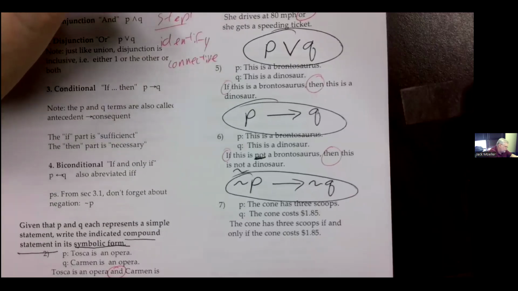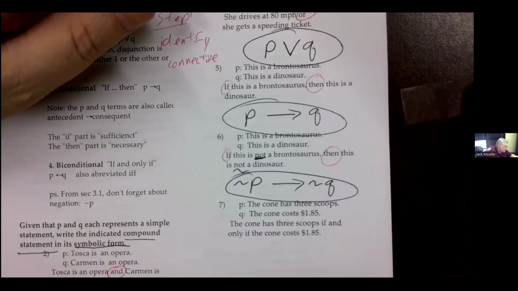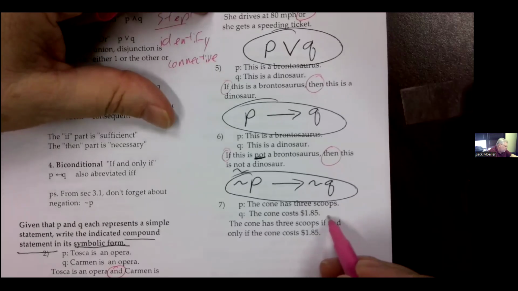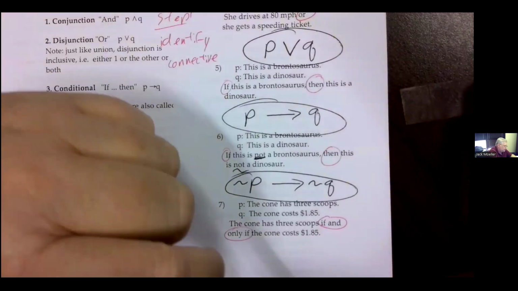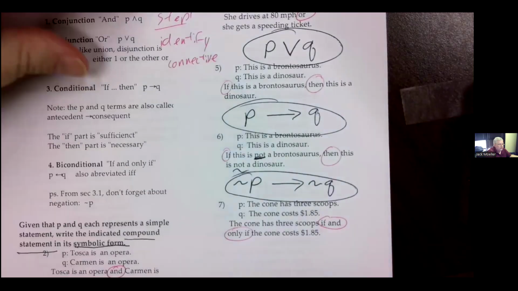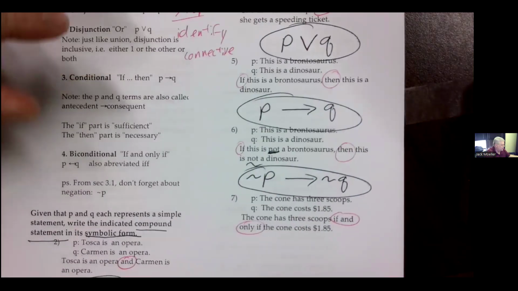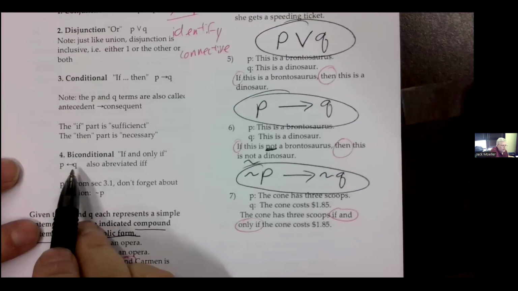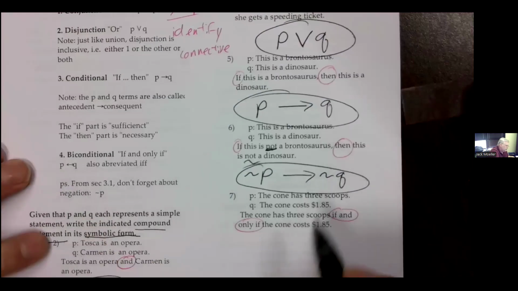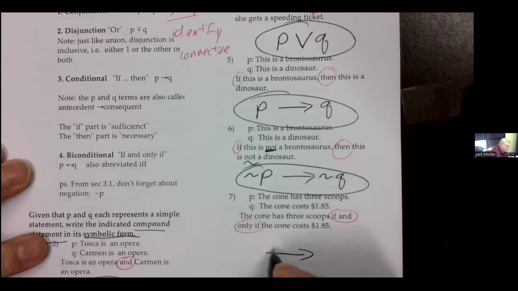P is cone has 3 scoops. Q is a cost of $1.85. And cone has 3 scoops if and only if the cone costs $1.85. So if and only if, that's our biconditional. That is kind of hard to read there, but that's an arrow going both ways. So we need an arrow to the left and to the right.